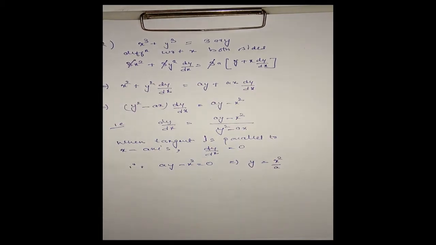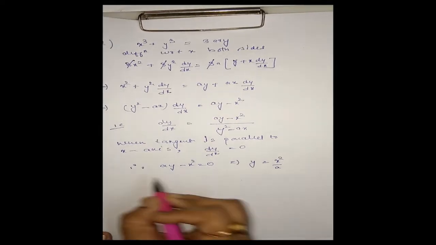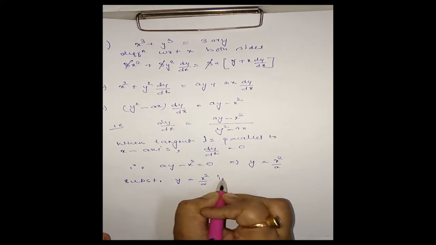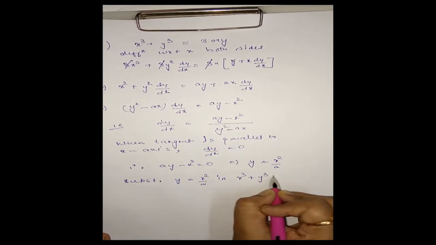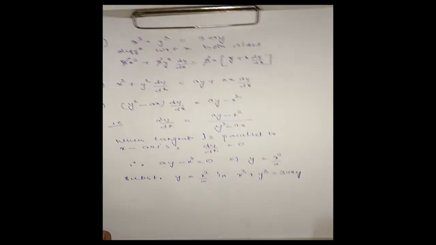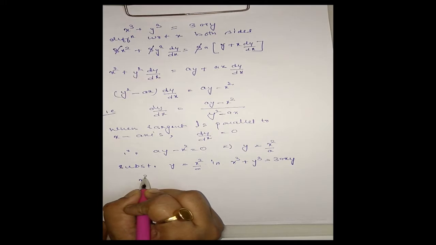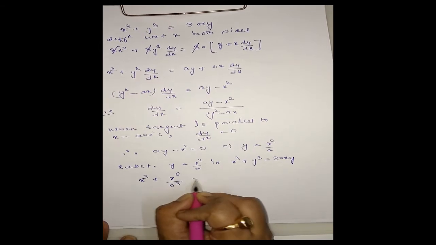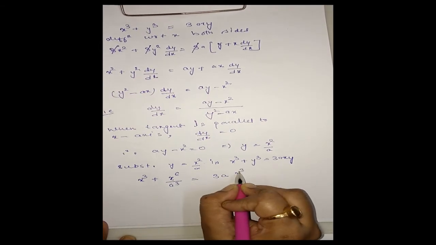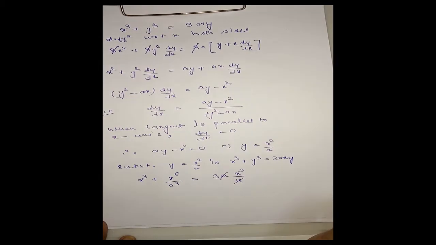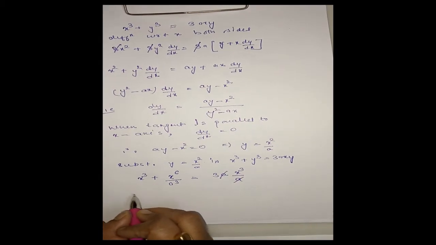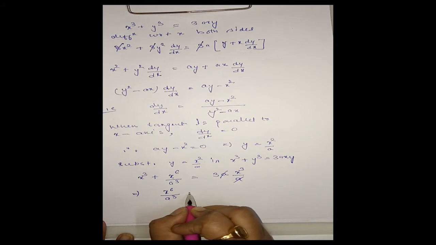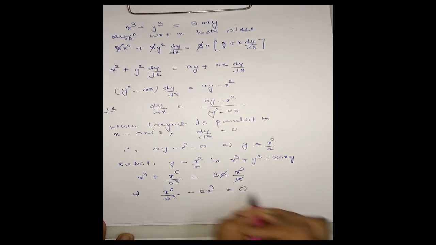Now substituting y = x²/a in x³ + y³ = 3axy will give us x³ + x⁶/a³ = 3a x³/a. Okay, now this implies x³/a³ - 2x³ = 0.